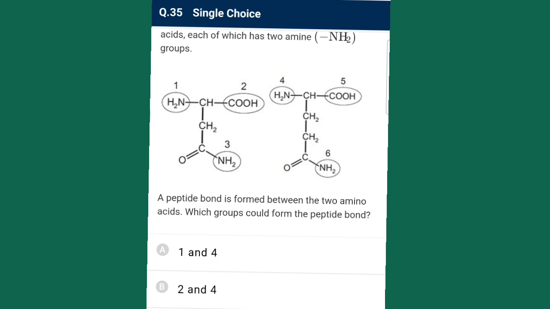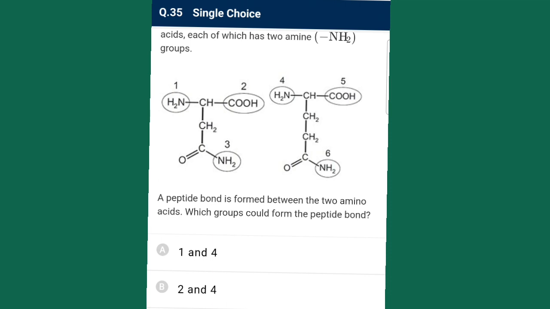Proteins are polypeptides. They are linear chains of amino acids linked by peptide bonds. Amino acids join to form polypeptides. The carboxyl group of one molecule reacts with the amino group of the other molecule, releasing a molecule of water. One of the participating amino acids loses a hydroxyl group from its carboxylic acid group, while the other loses a hydrogen atom from its amine group.